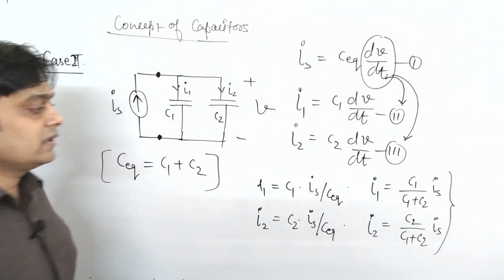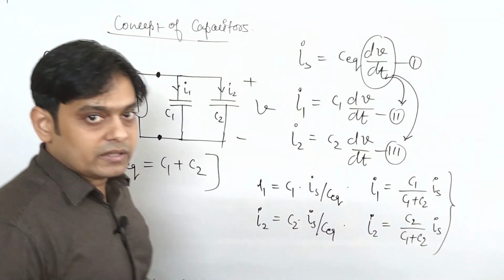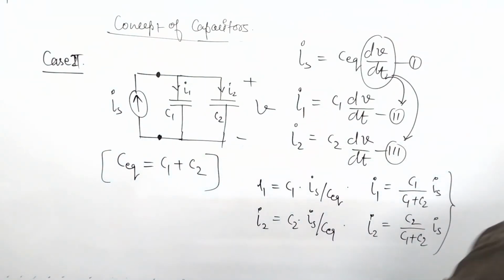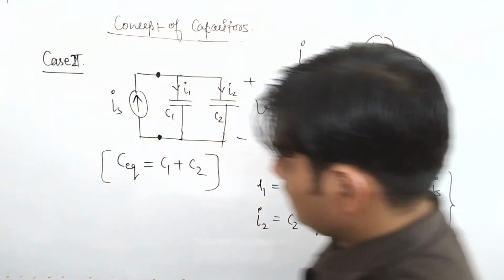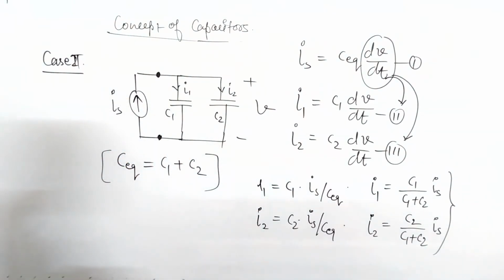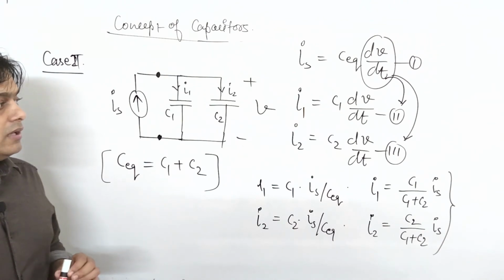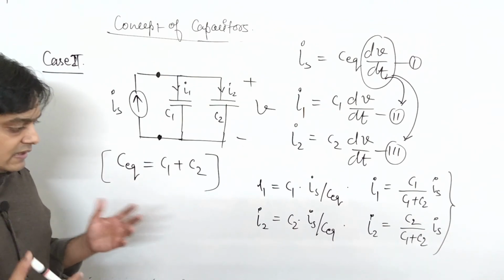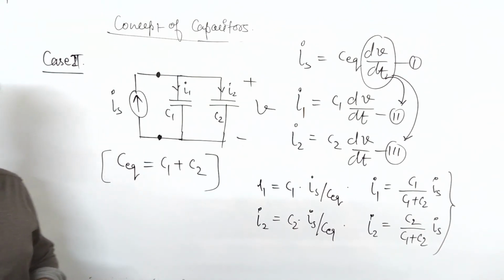So these are the two values of I1 and I2. Okay, so from here we understand that in this fashion voltage division and current division is applicable, and one can easily solve the numerical problems.